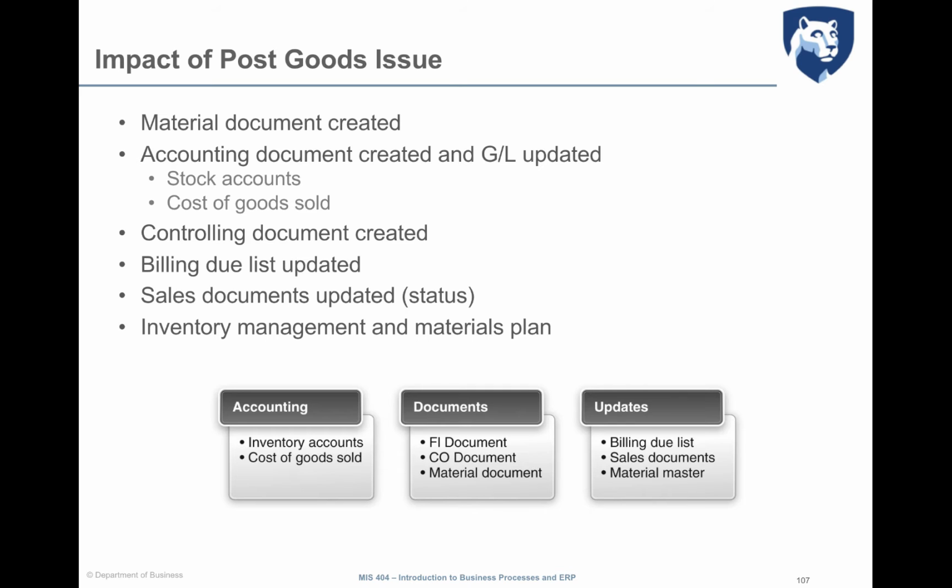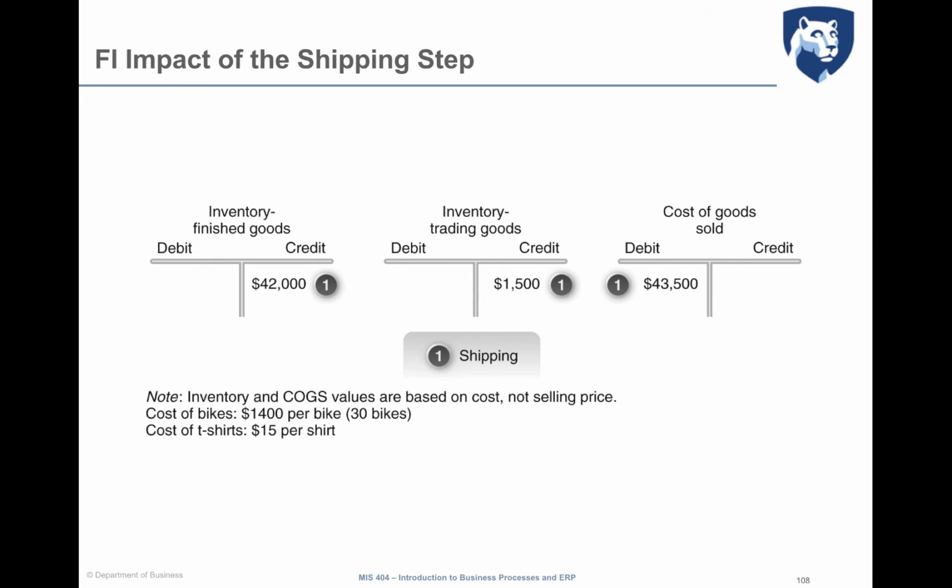And now we are going to briefly analyze the financial impact of this action, because as you can see, shipping has an impact on financial activities. Specifically, the inventory accounts of the material shipped are credited and the cost of goods sold account is debited.